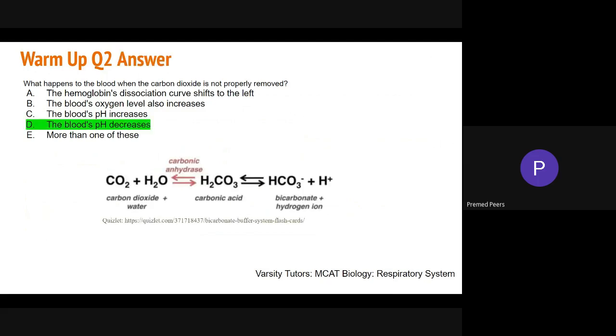Make sure to know this equation here, the bicarbonate equation. Carbon dioxide buildup will cause a shift to the right to obtain balance, meaning more hydrogen ions and thus greater acidity. So the blood's pH will decrease.